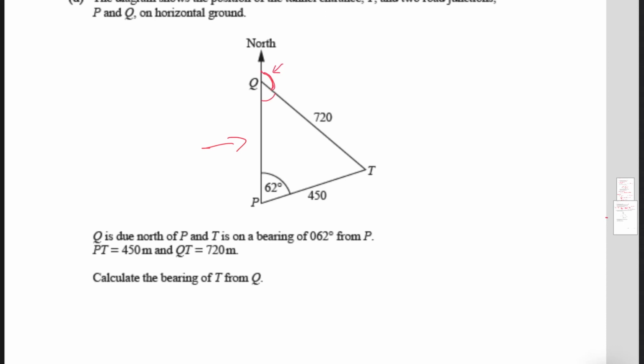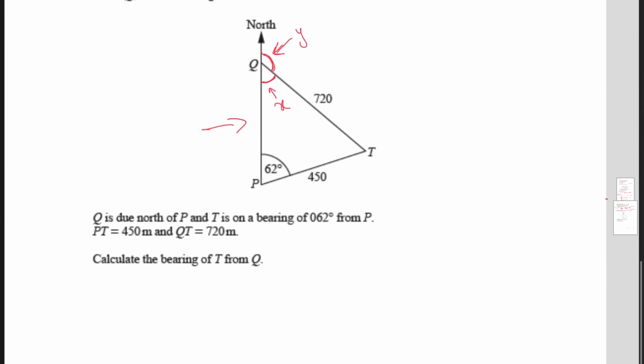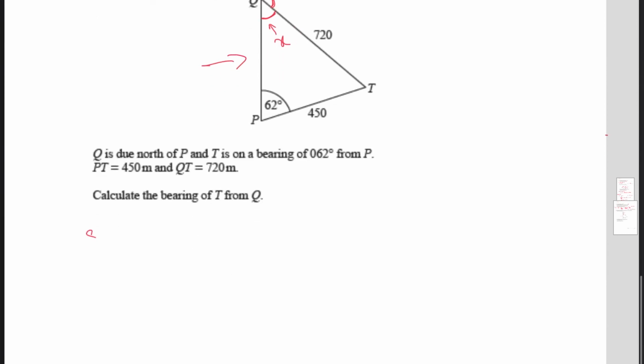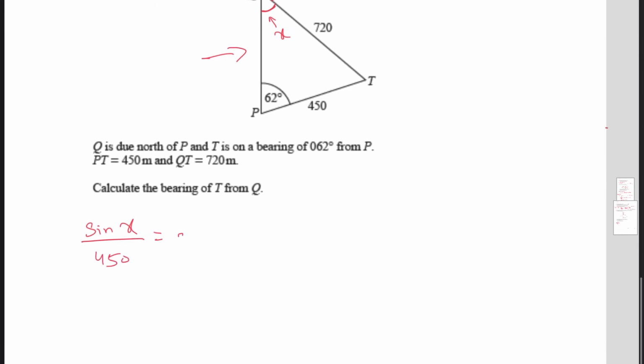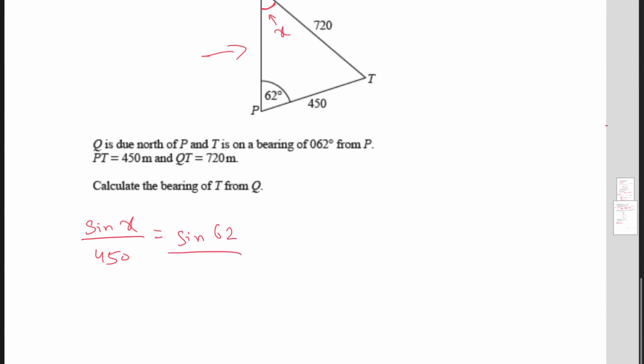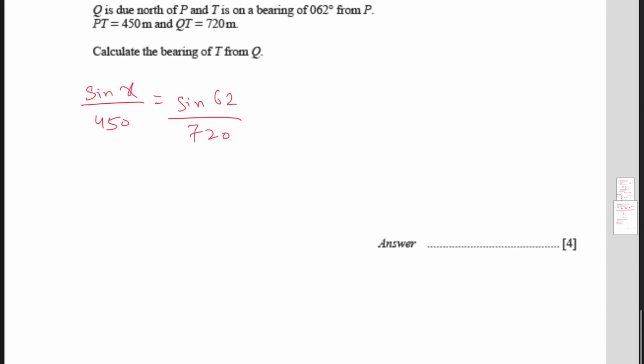If we have this angle and subtract it from 180, we would get this angle that we're trying to look for. But how do we find this angle? Let's call this x and let's call this y. So first we need to find the value of x. We use the sine rule to find the value of x. So you do sine x over 450 is equal to sine 62 over 720. Okay, let's plug this into the calculator because we're trying to find the value of x.